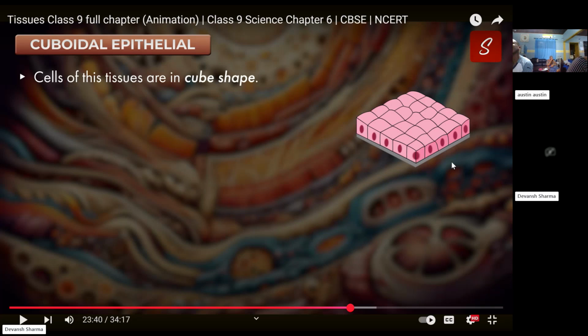Now I am asking you. Why did you not ask me, sir, what is this dark circle? I don't know the name of the circle. This is the nucleus, nucleus of the cell.